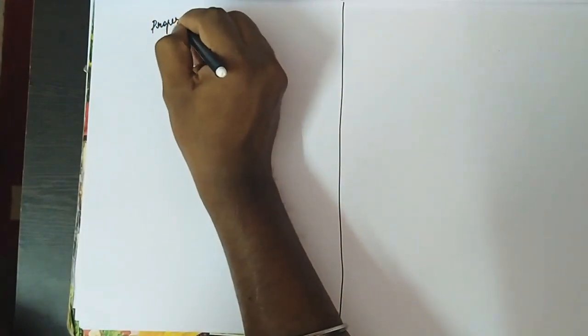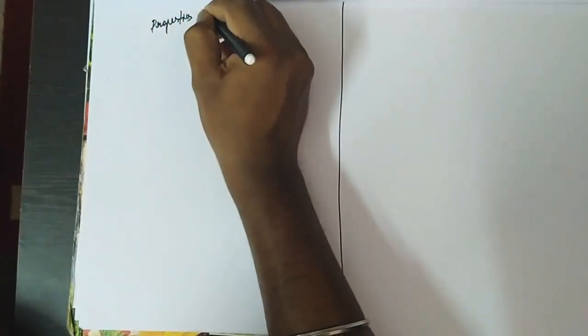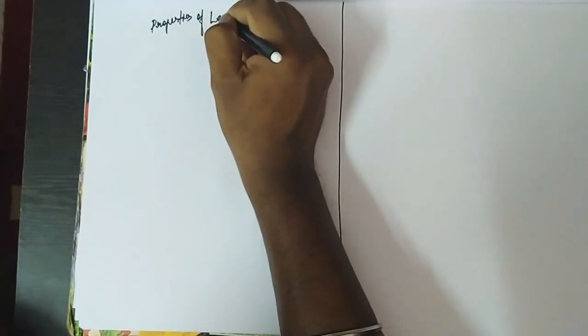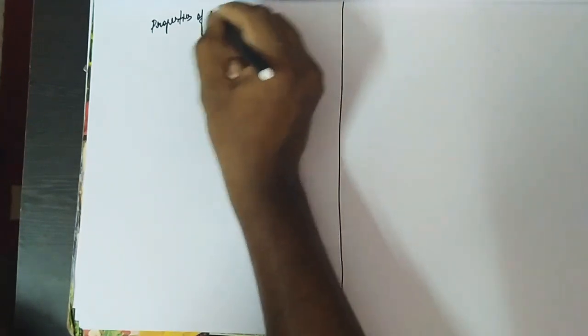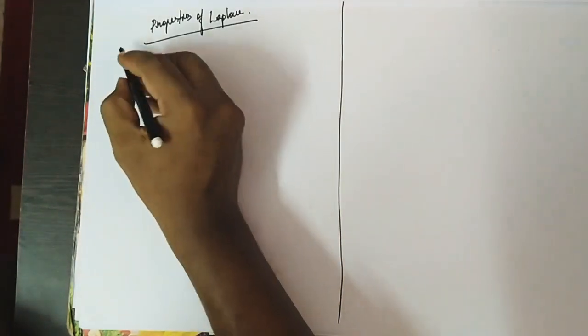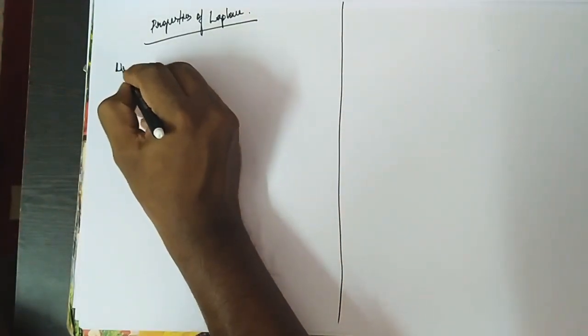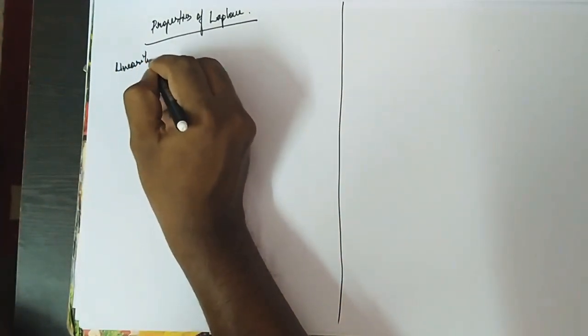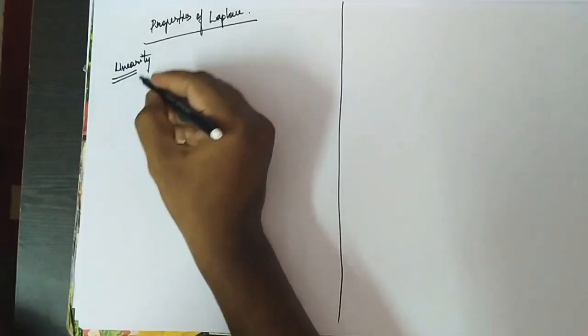So the properties. We don't use all properties here in your course. So we have the property of linearity.